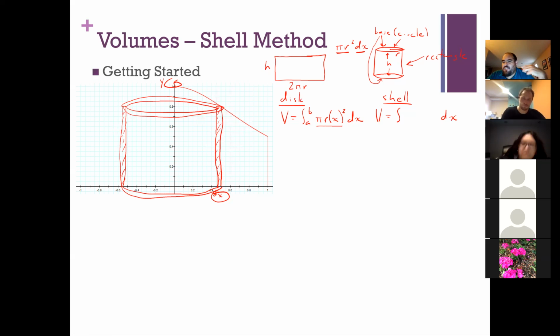But if I just give you a region and tell you to wrap it around the y-axis and find the volume, you might very well have a choice whether you use the disk method or the washer method. One of those might be a lot easier than the other. One of those might be so hard it's just not worth messing with. We'll see some examples of that in a little bit.